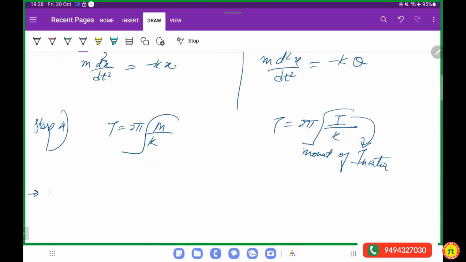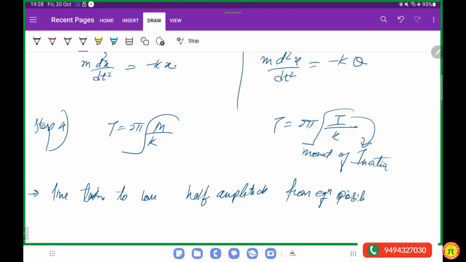So if it is the time taken to cover half amplitude from equilibrium position, it is T by 12.